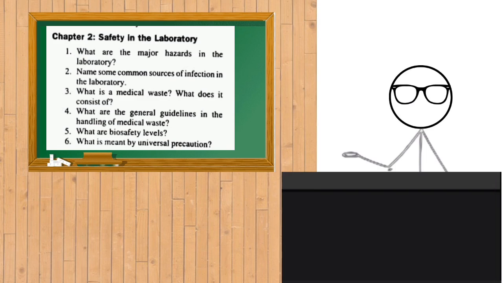So any specimen, any blood, any body fluid coming into the laboratory, you treat it as potentially infectious, because the same sample that is brought for a not so serious test like malaria can also be the same sample that is sent to microbiology for HIV.